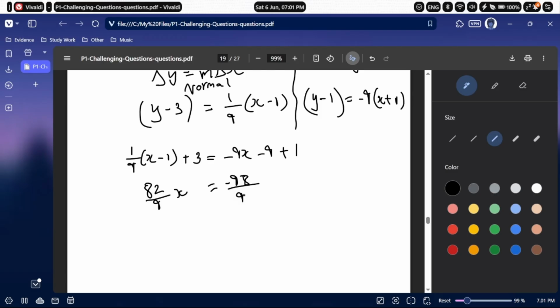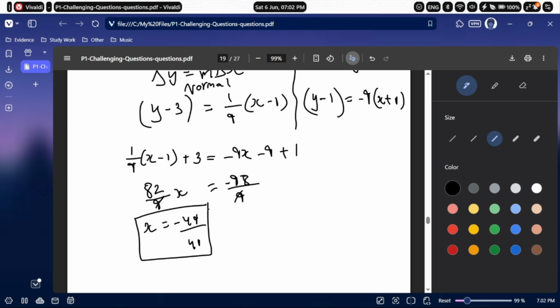Okay, we're getting pretty weird values, but anyway, let's see. Minus 98 over 82. So you get the x coordinate of the intersection as minus 49 over 41.